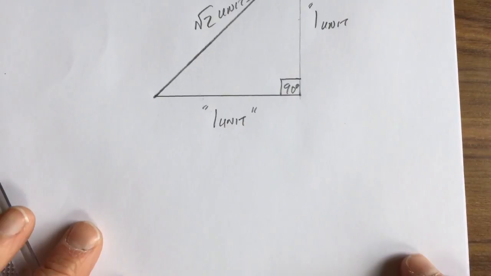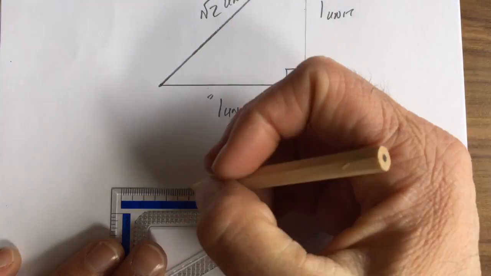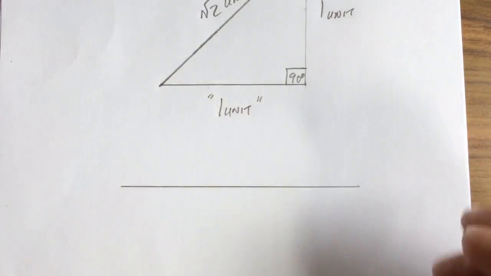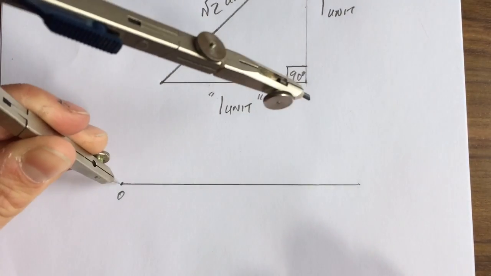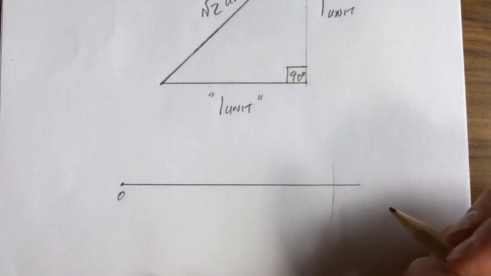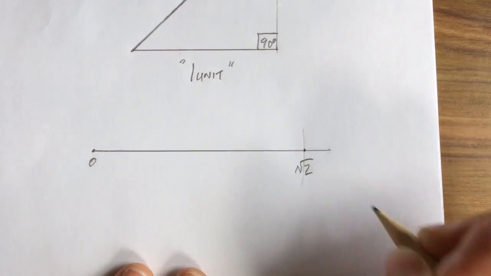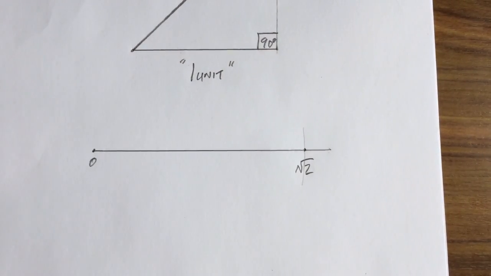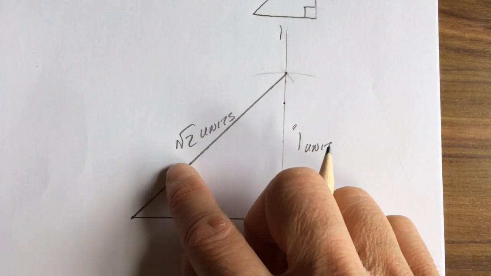So, for example, if I wanted to draw square root 2 down here lower, I could draw a line, call this point my 0 mark, and transfer that distance I just got off the hypotenuse across here, like so. And this would be square root 2. So that's how you construct a line with a length of square root 2 units.